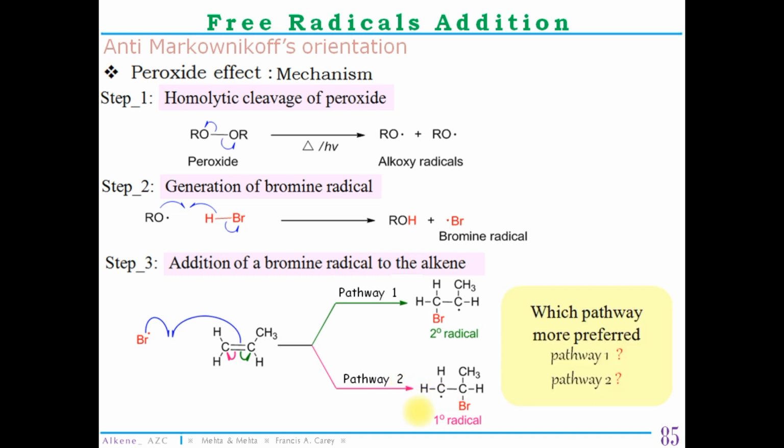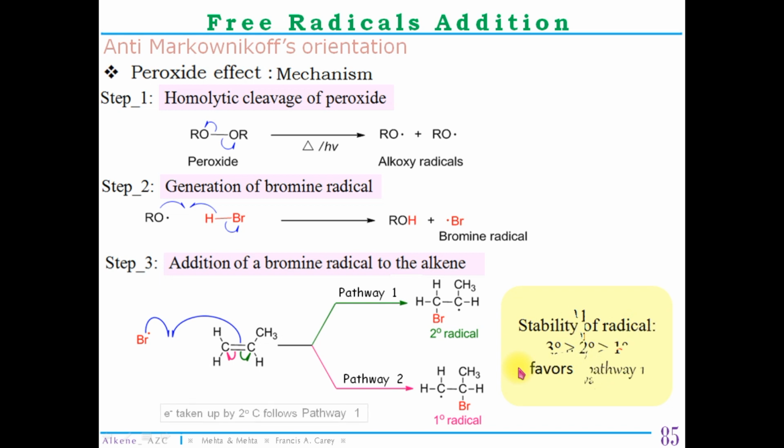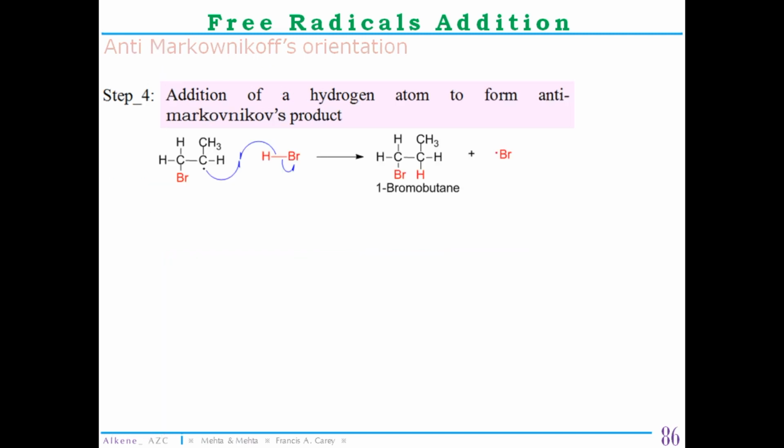Which pathway is more preferred, pathway 1 or pathway 2? For this we have to see stability of radical, where tertiary radical is more stable than secondary and primary. So as pathway 1 gives secondary radical which is more stable than primary radical, reaction favors pathway 1.